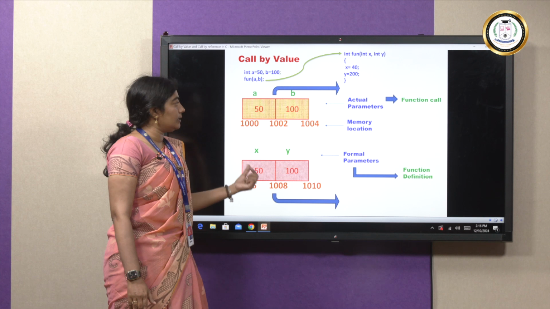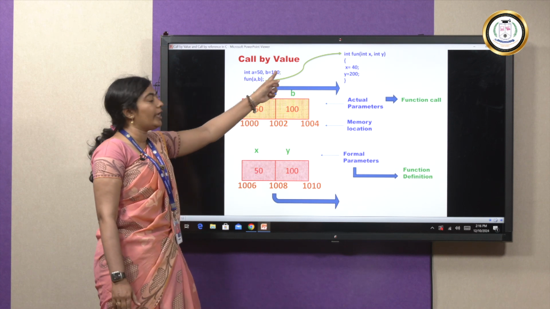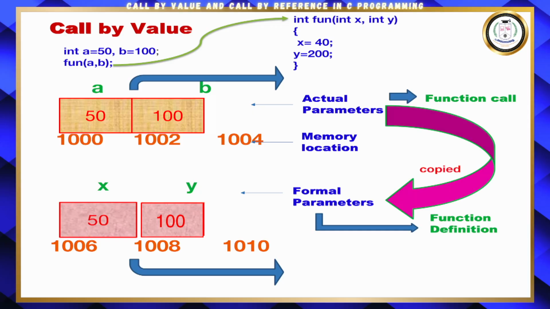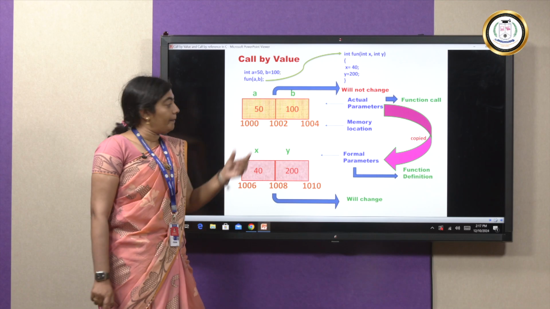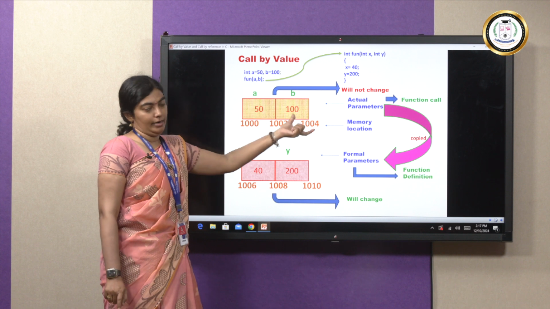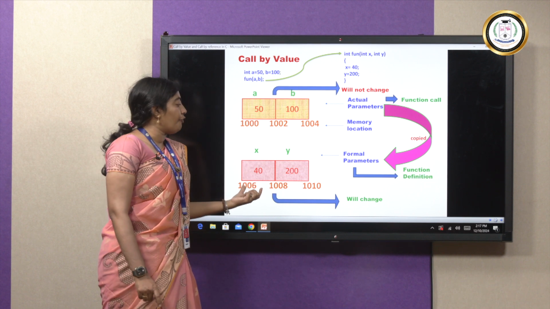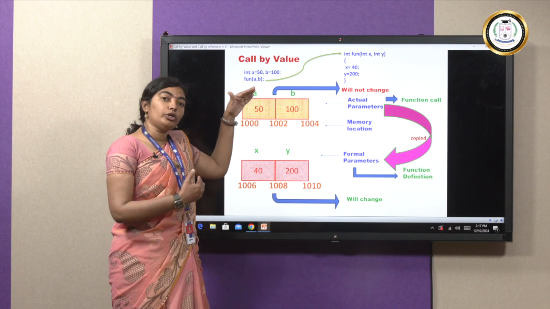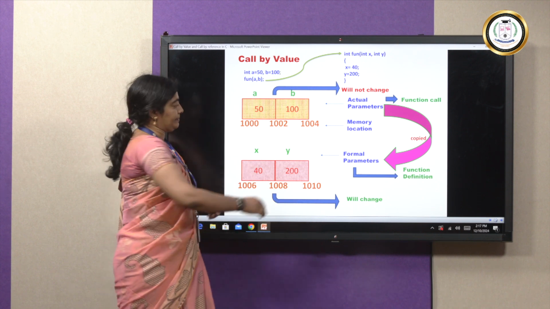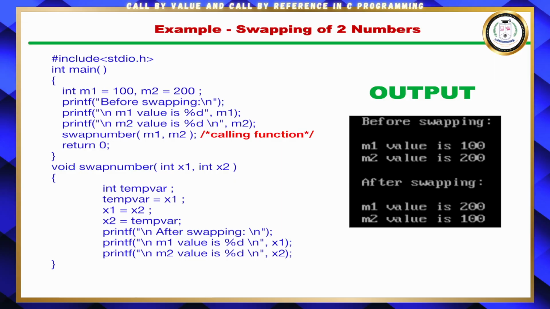In that place, the passed values 50 and 100 are stored. Now, when my function is called, I am changing my function values. My function values change as x is equal to 40 and y is equal to 200. So my parent values are 50 and 100, and my function values are 40 and 200. Totally two different concepts.